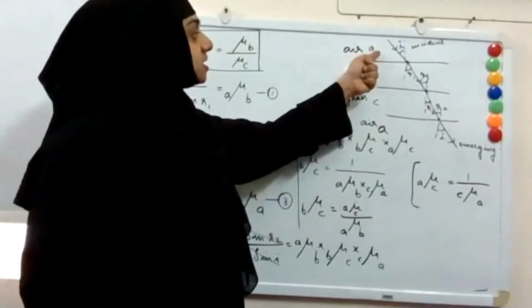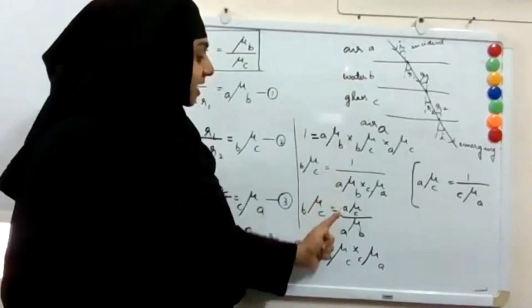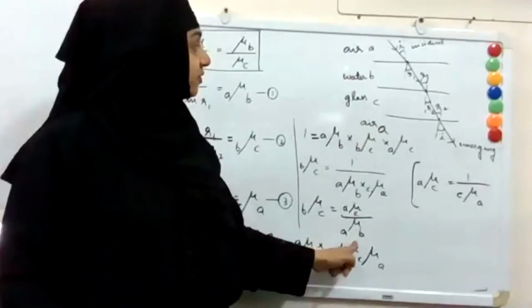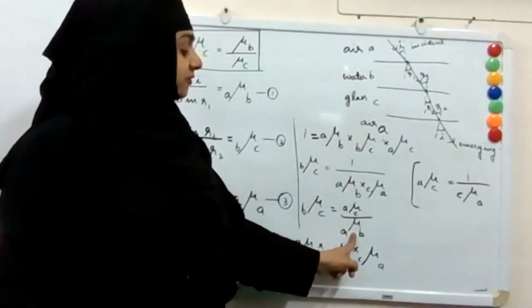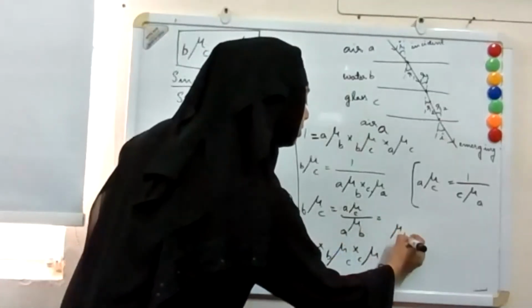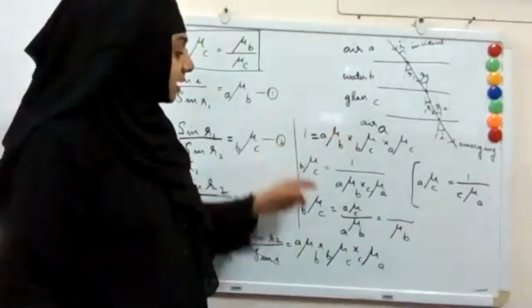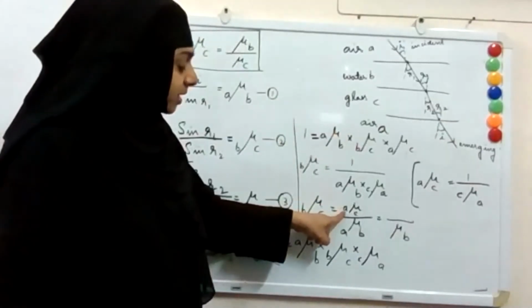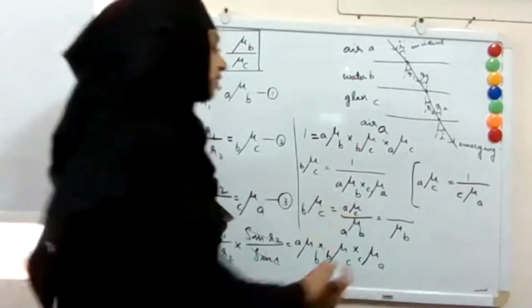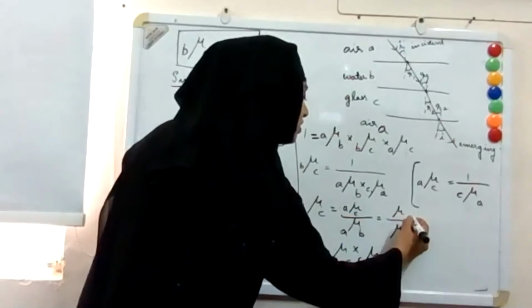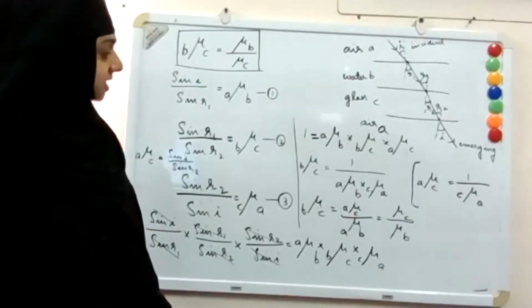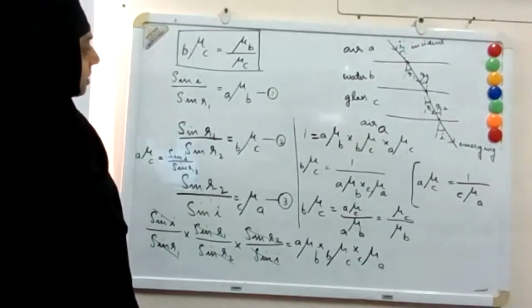So when light enters from air to water, then mu AB is mu B, the absolute refractive index of water, or absolute refractive index of B. And when light is entering from air to glass or any medium C, it will be the absolute refractive index of that medium. So mu C.